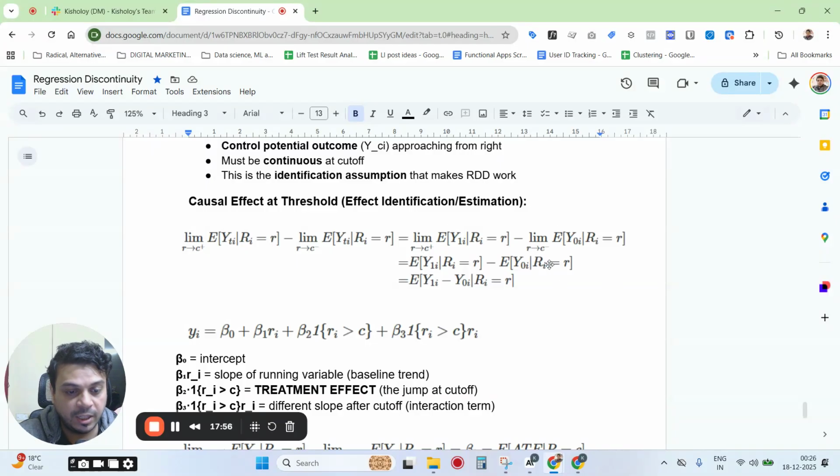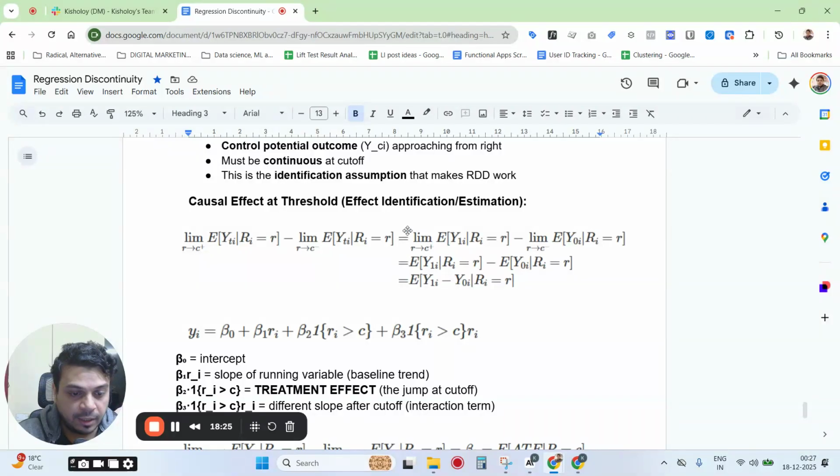The difference between these two, of course, we don't have: if this is a treated unit, we don't have the value of this one on the right hand side. But that's where the counterfactual comes into the picture. And because that's what RDD is like, we can just replace it with a value which is very close to it in terms of age. So that's how we can get the potential outcome.